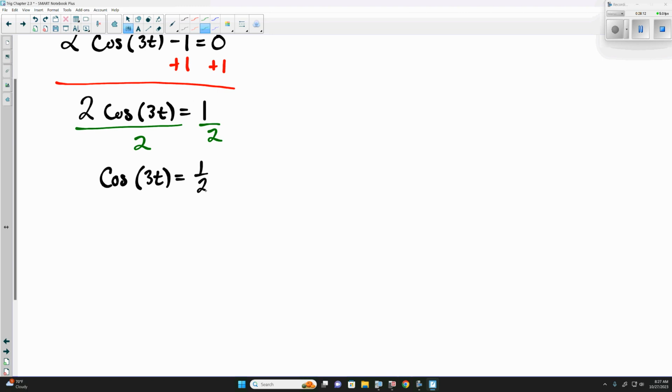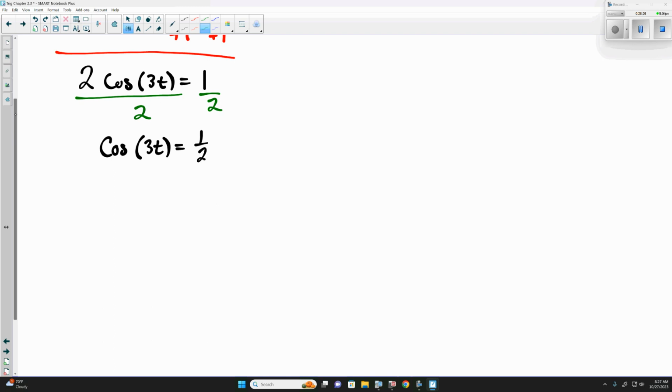Now, this is part of the reason we don't have to use half angle, double angle formulas: 1/2, is it on the unit circle? Well, yeah, it's one of our nice values. And if we looked at this here, cosine of our angle, so 3t, for whatever value t, gives us cosine value of 1/2 at pi over 3 and 5 pi over 3.